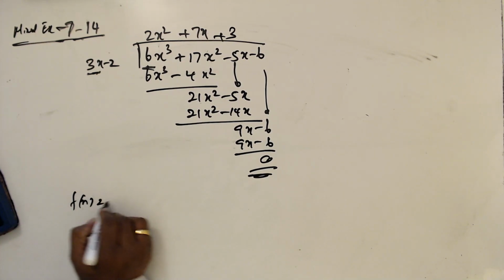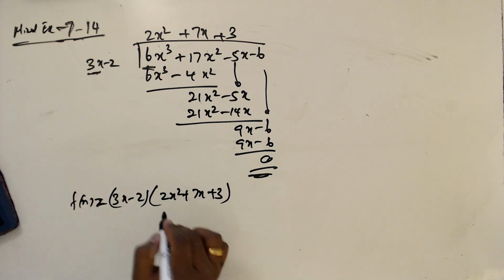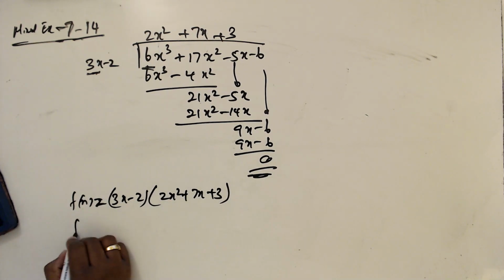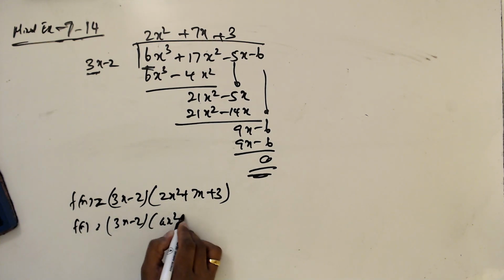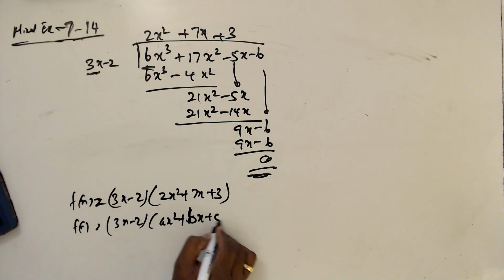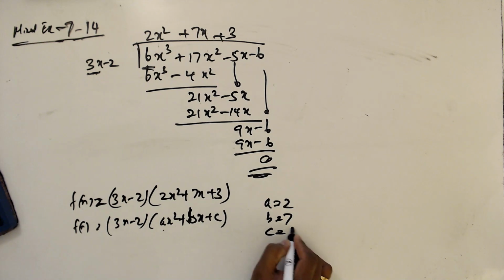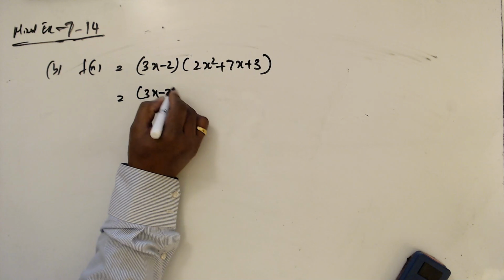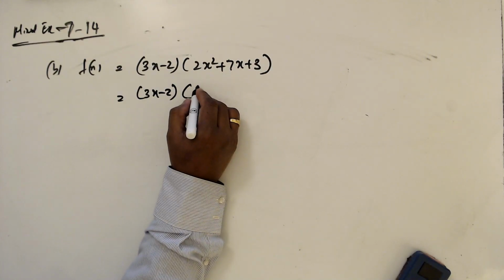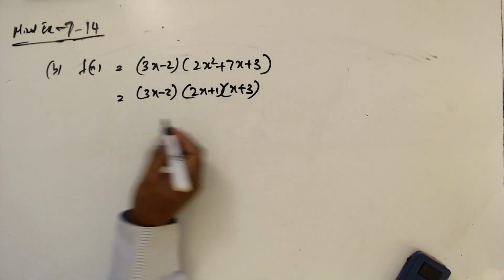So f(x) equals 3x minus 2 times 2x squared plus 7x plus 3. Now this is f(x) equals 3x minus 2 times ax squared plus bx plus c, where a equals 2, b equals 7 and c equals 3. Then this is going to be 3x minus 2, 2x plus 1, and x plus 3.